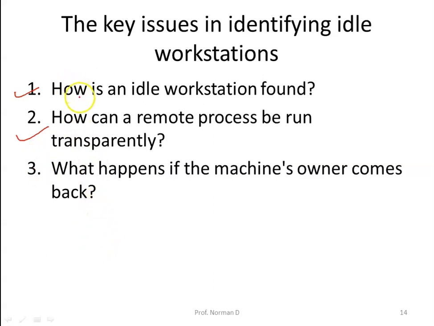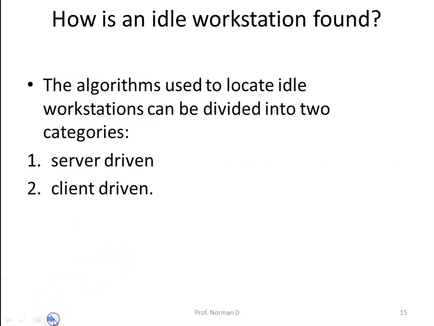So we'll first discuss how an idle workstation is found. Basically there are two algorithms which we'll discuss here. The first is server driven and the second one is client driven.